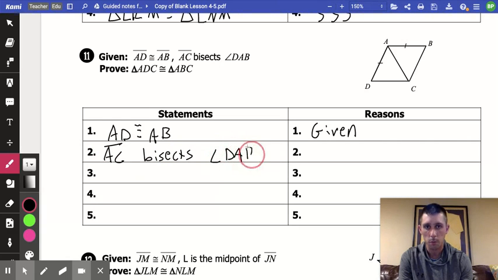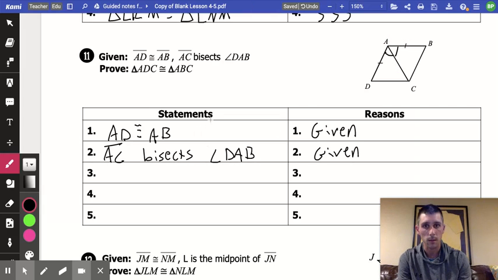Okay, what does bisect mean? It means it cuts it in half. So AC cuts DAB in half. So therefore that angle and that angle are now the same because it cuts it in half.